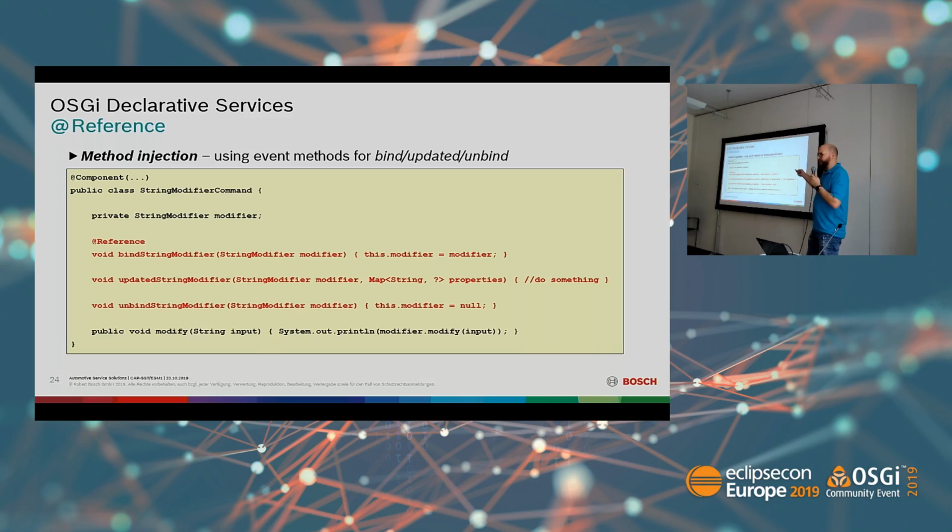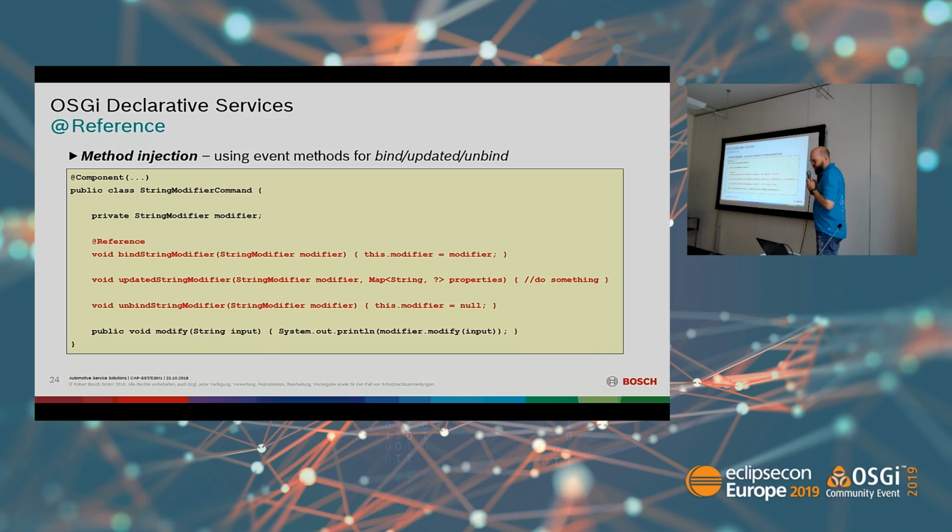Most of the time it looked like this. So most of the declarative services before 1.3 were looking like this. I'm setting it to an instance field, and I'm setting it to null when it goes away. Pretty nasty. That's a lot of bloat code.